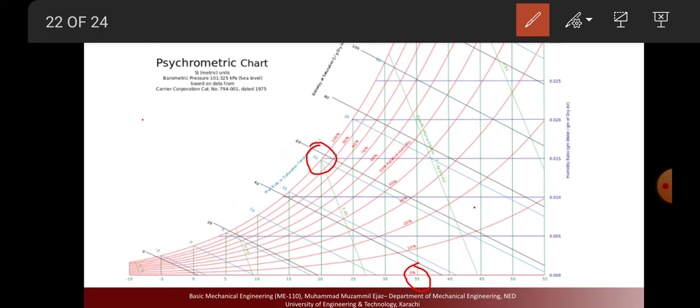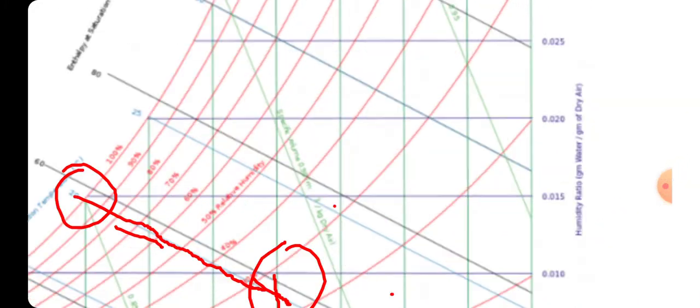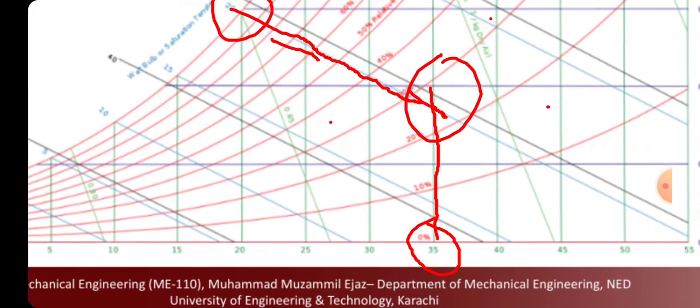So if we analyze the current room condition, we make a straight line parallel to the 20 wet bulb temperature, just like this, and a vertical line from the dry bulb temperature. So we get our desired point. This is our current condition of the room.